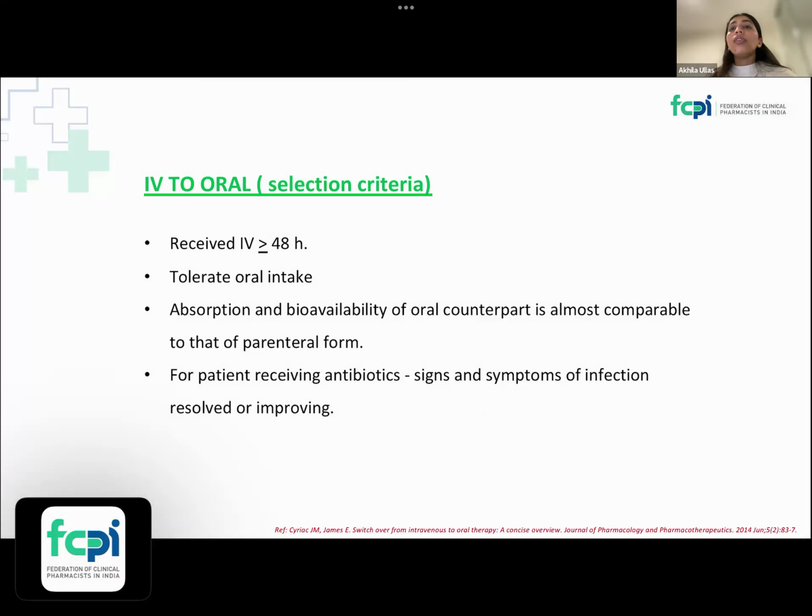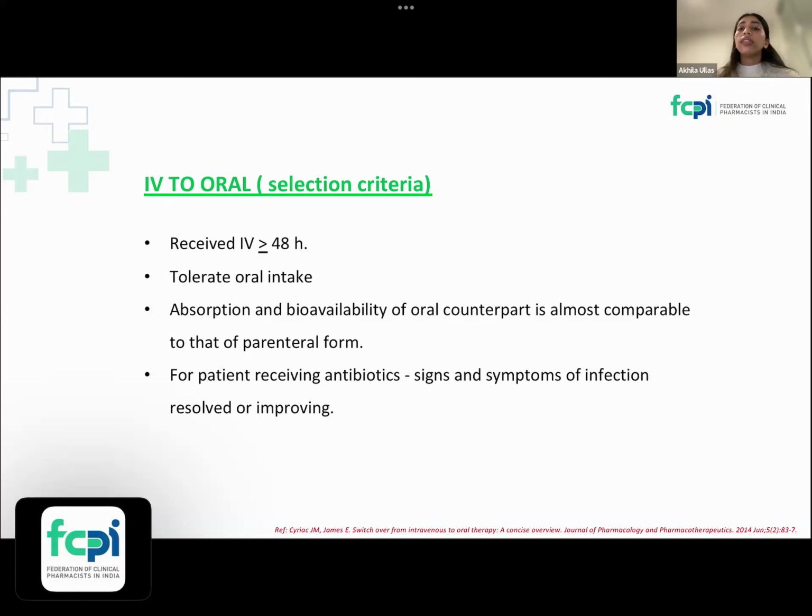And the IV to oral selection criteria. See, the first one is received IV for more than or equal to 48 hours. You have to ensure whether the patient has taken the IV formulation for more than 48 hours. Through this, the clinician observes whether the patient responds to the IV formulation, whether the patient got the therapeutic outcomes, whether the symptoms improved or not, whether they reduced or worsened.